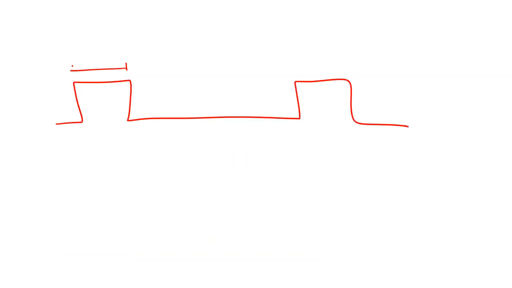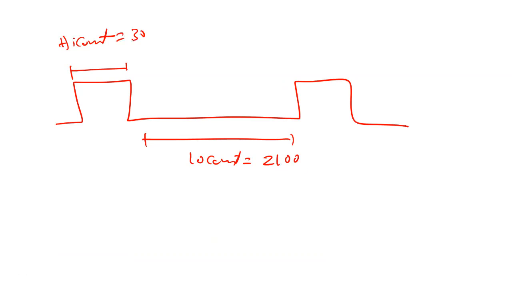As I explained, if I want to generate a signal like this one, I'm gonna have something like a high count, and then something like a low count, which in the program I did, this one was 2100, this one was 300. Because I need here 100 microsecond, and this one 700 microsecond.